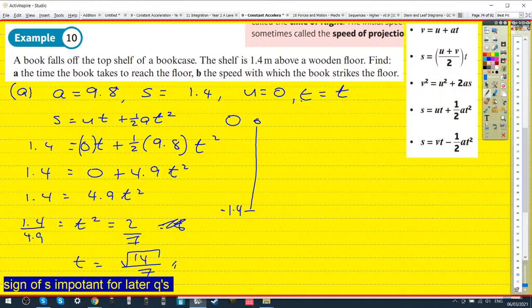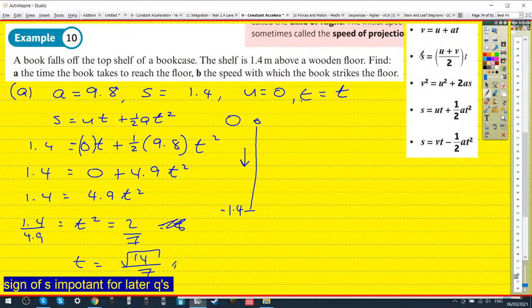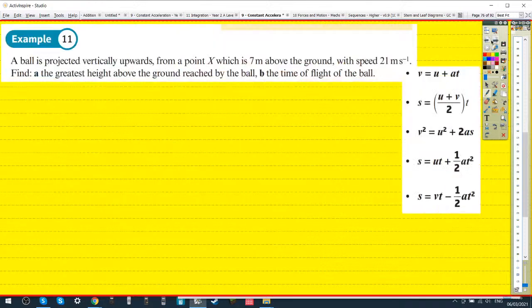But so long as they're both the same, because it's the same direction, that's the direction of the acceleration of gravity. It's also the direction of motion. So long as they're the same sign, it'll work out. Sometimes the signs are different. There's a second part, but it's the same idea. The speed, you just find v. How about this one?